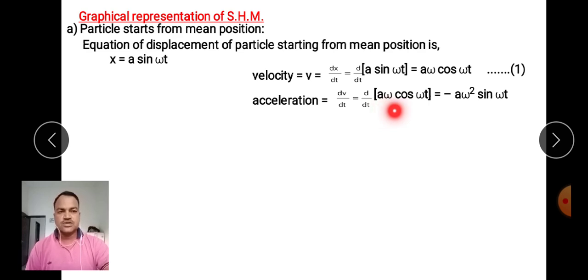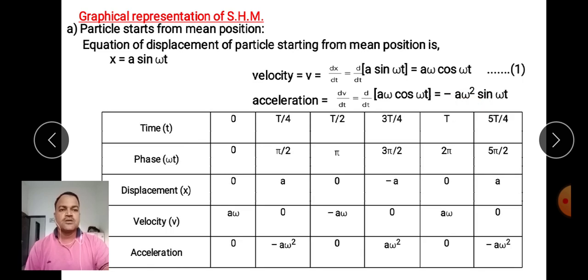The derivative of cos omega t is minus sin omega t into omega, so omega square appears here. So x is equal to a sin omega t, v is equal to a omega cos omega t, acceleration is equal to minus a omega square sin omega t.